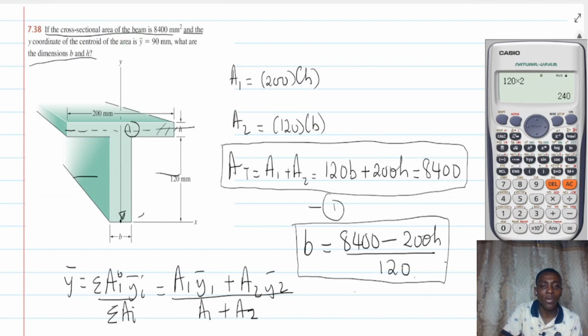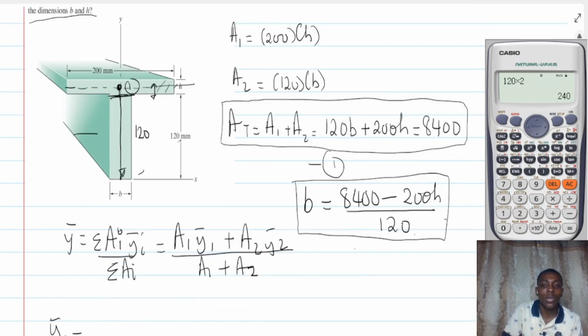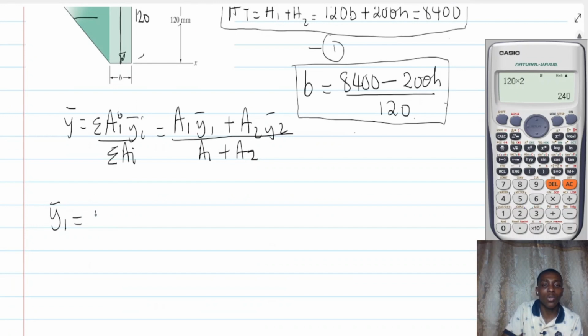So y bar 1 is from the origin all the way to halfway over here. We know that this distance is 120, so I will add 120 to halfway of this distance, which is h over 2. So my y bar 1 is going to be 120 plus h over 2.